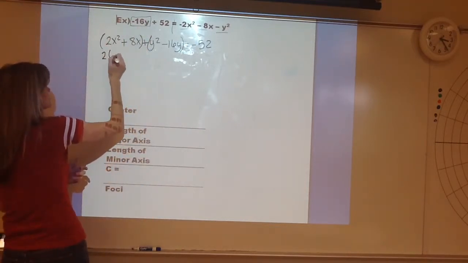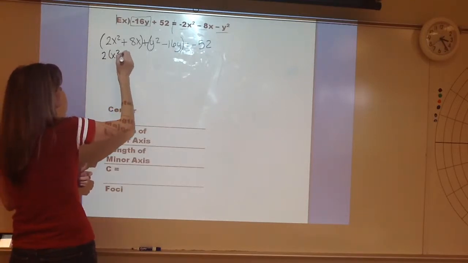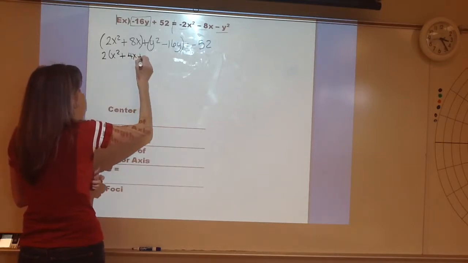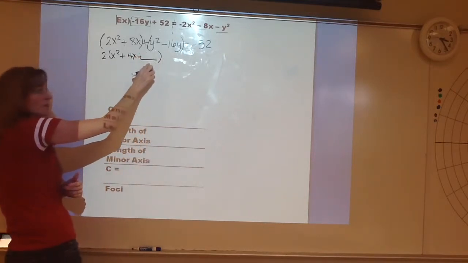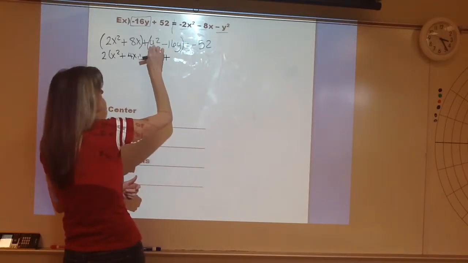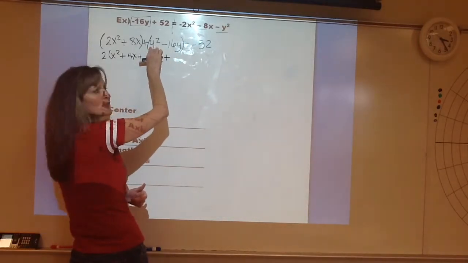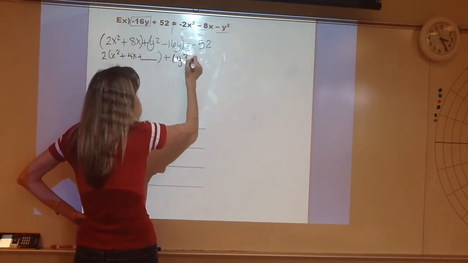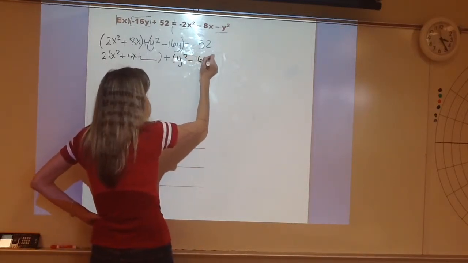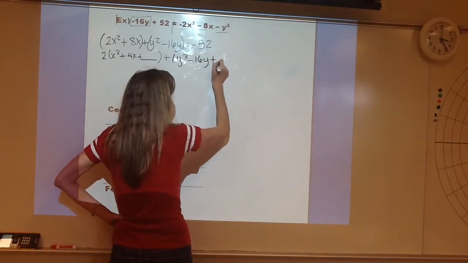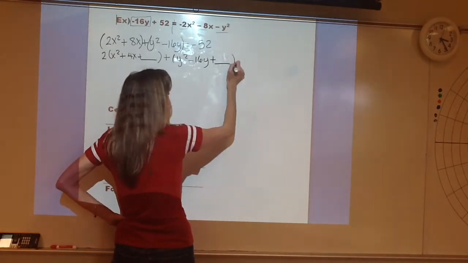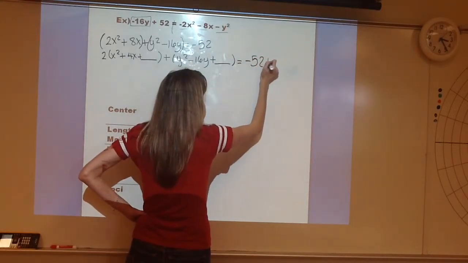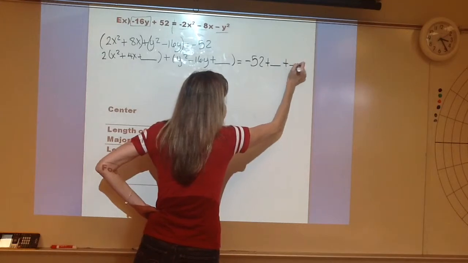And when I factor out a 2, I get x squared plus 4x plus something, because I'm going to complete the square there, plus, this one's good to go. There's not a coefficient that I need to divide off. So y squared minus 16y plus something to complete the square equals negative 52 plus something plus something.